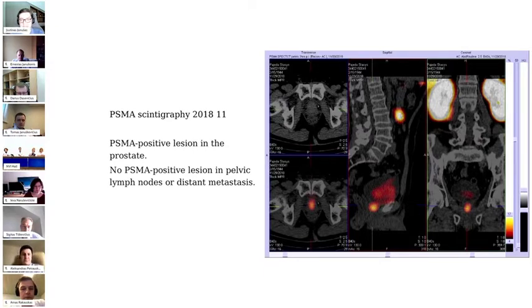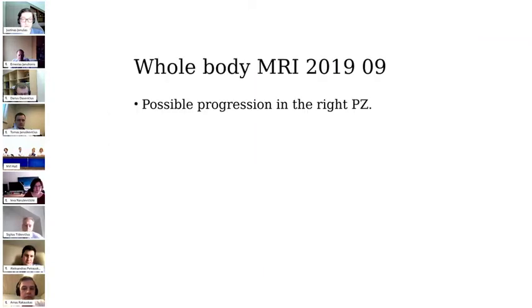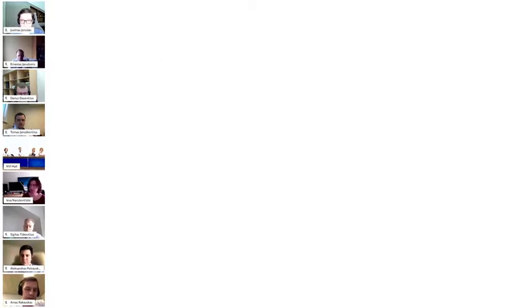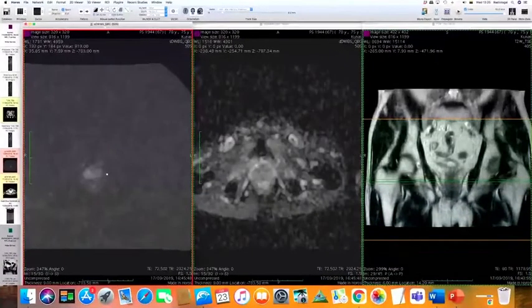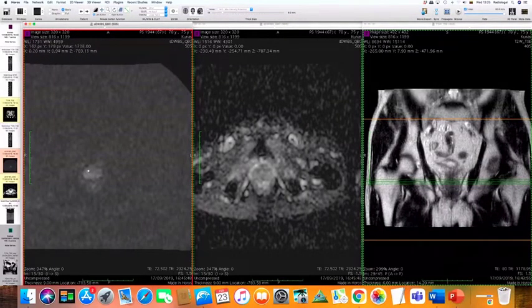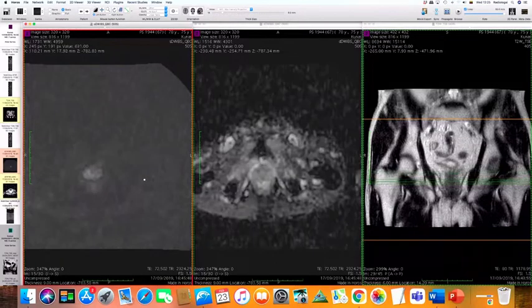Thank you. The patient was further observed, and a whole body MRI was performed later. Maybe you have images of this investigation. Yes, can you share my screen? So on the whole body MRI images, there is some diffusion restriction in the right lobe.